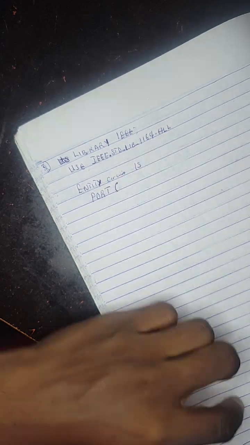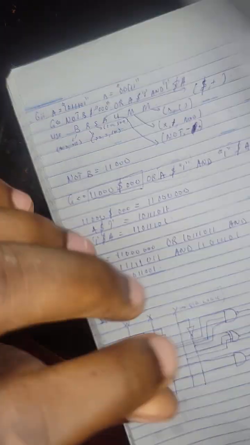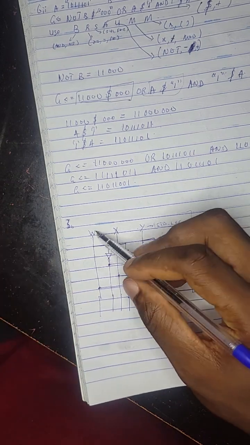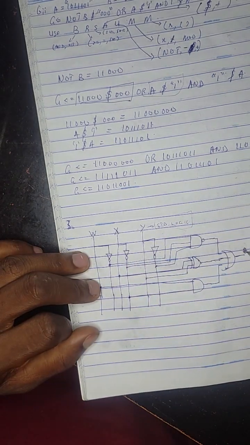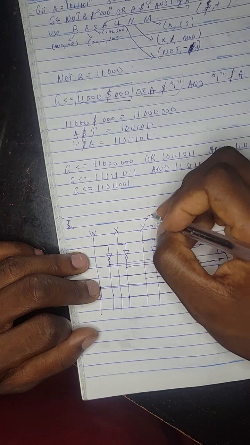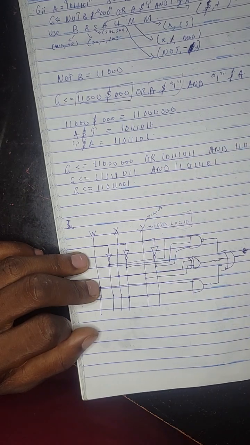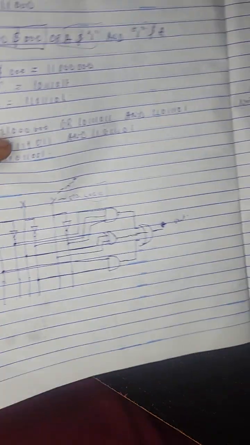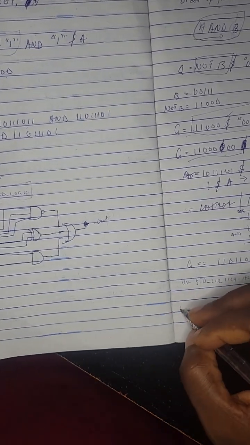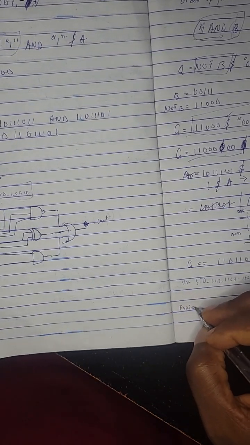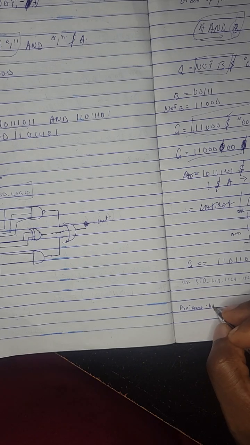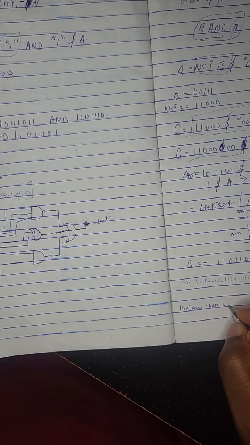Ports. Now if you look at the circuit that we have, there are 3 input ports, W, X, Y, and we have Z as our output port. So these ones are the inputs, these are the outputs. So when you are defining a port, the way you define a port is the port name, the data direction, and the data type.